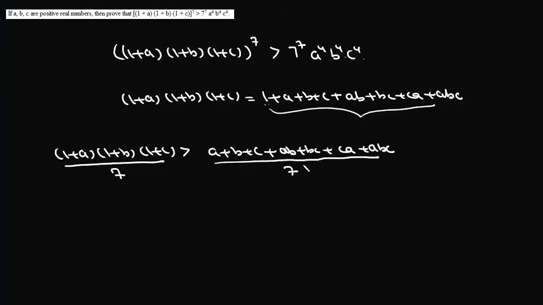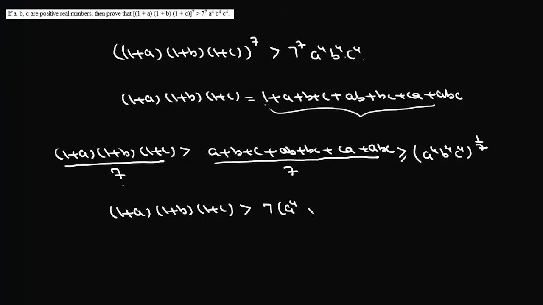Now this is the arithmetic mean of these 7 numbers. So arithmetic mean is always greater than or equal to the geometric mean. Now in the geometric mean, we'll have a into a into a into a, 4 times. So there'll be a to the power 4, b to the power 4, c to the power 4 whole to the power 1 by 7. And considering these two, we can write (1 plus a)(1 plus b)(1 plus c) will be greater than 7 into (a to the power 4, b to the power 4, c to the power 4) to the power 1 by 7.